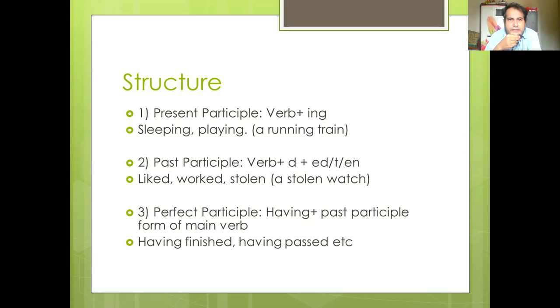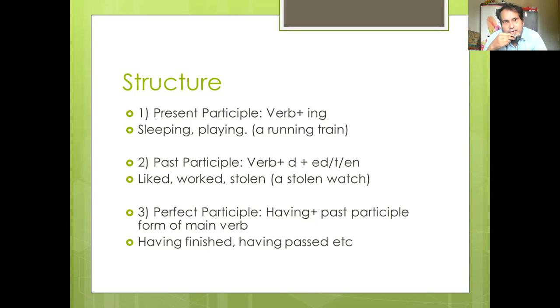That means the status has been liked by more people. So here the condition of the status is mentioned. That's why I say liked. Or a stolen watch, that has been stolen. How is the condition of the watch? That watch is stolen. So here also the state of the watch is mentioned, and it is stolen. So this is the example of the past participle.